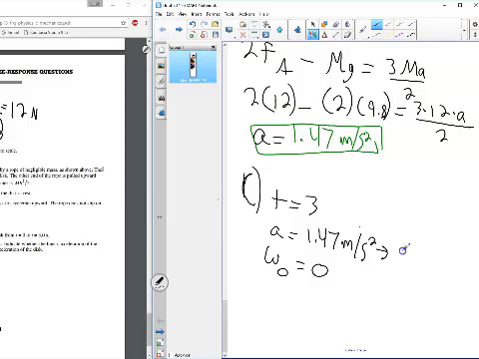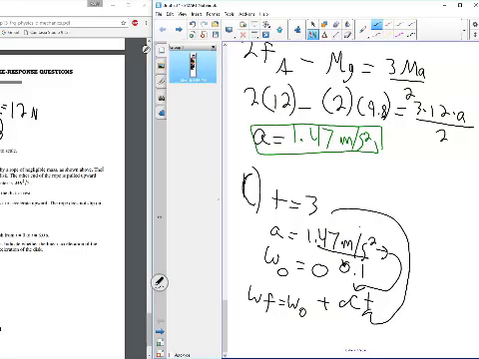In order to do that, you literally just divide by the radius. So really, I think the best one would be WF equals W sub 0 plus alpha t. And the radius there, it's already given you 0.1. So you're going to plug that value into here. Your time is going to go here. W sub 0 is just 0. So now all you would literally do is plug all that in.